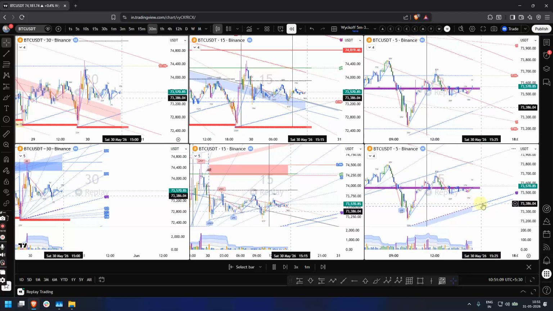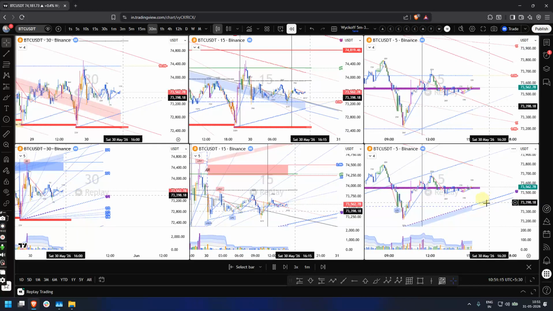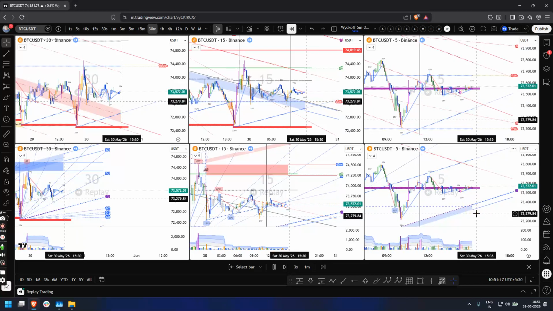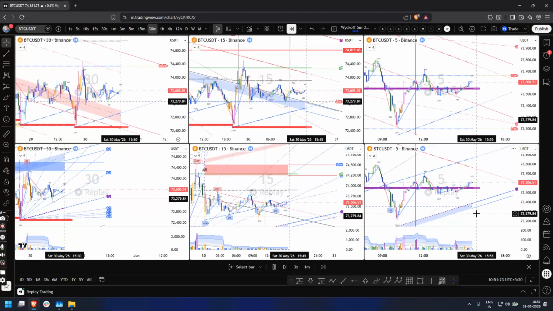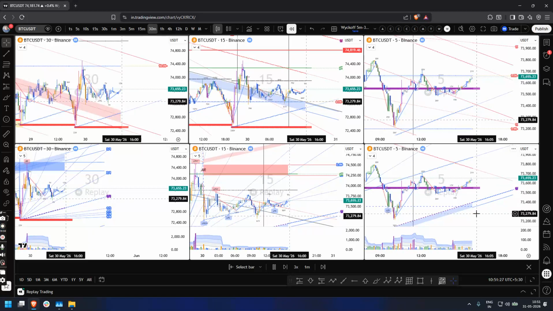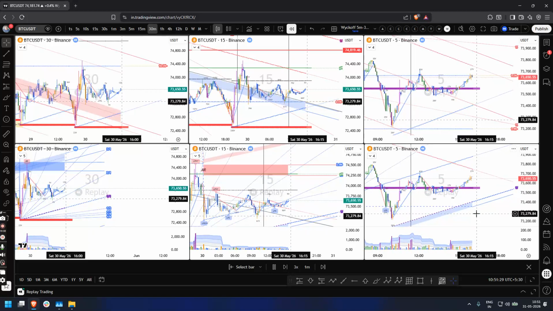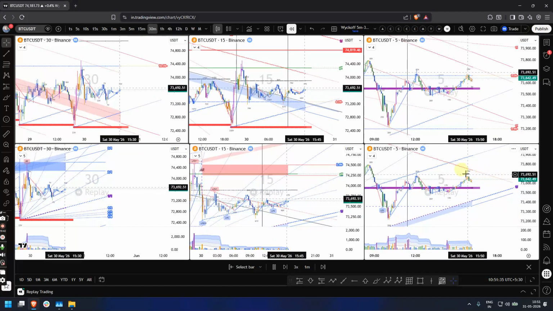See, time is moving, and as soon as it hits there, and it will, I will take that trade. So this is here. There is going to be selling.